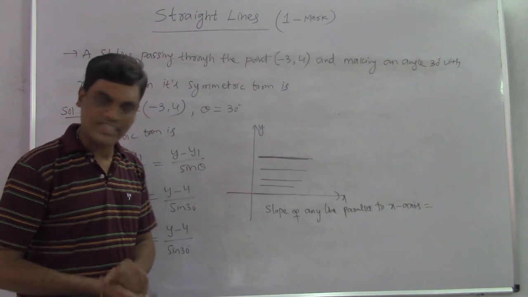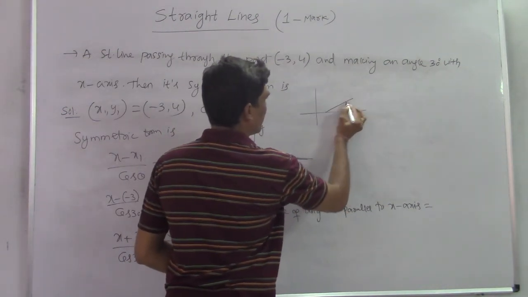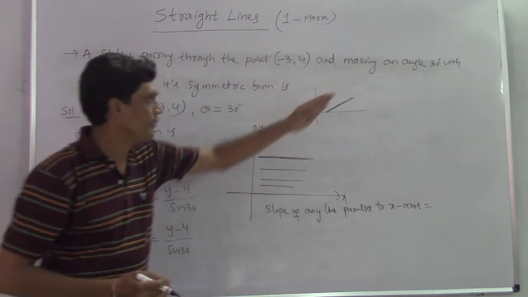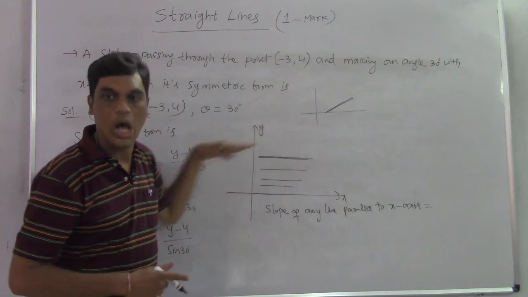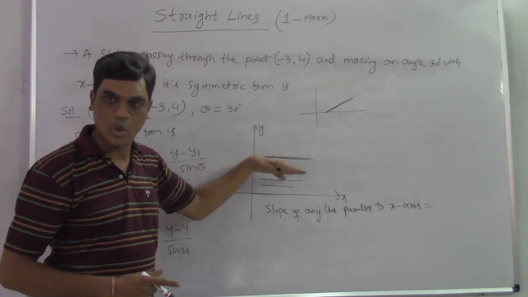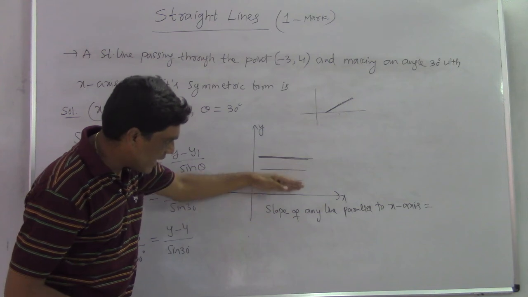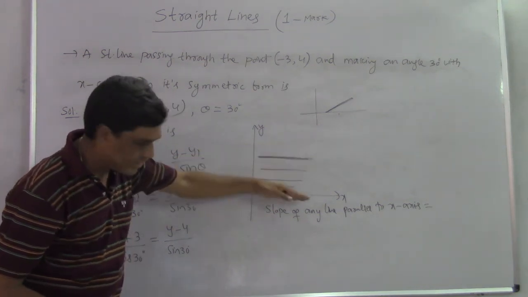That line is nothing but what? x-axis. Normally, if you take any line with x-axis, that's why this should be a non-vertical line. But the line I am taking is a horizontal line. If I take slope of any horizontal line, it is nothing but x-axis. This line again will merge with x-axis only.